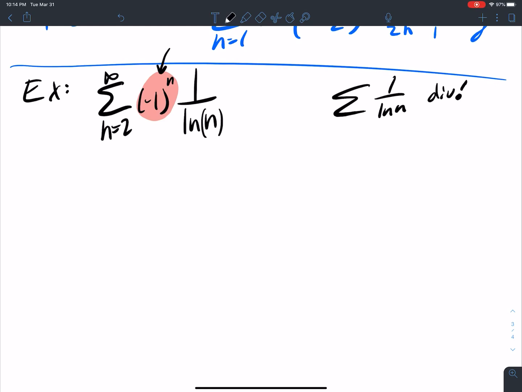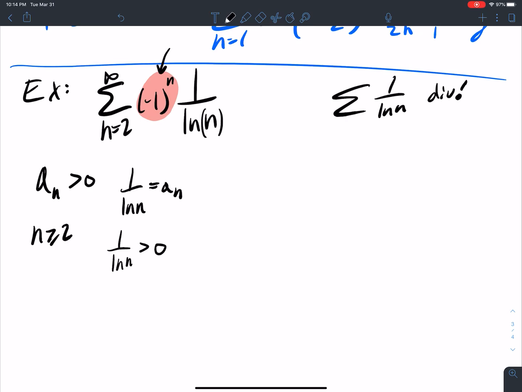So for sure, let's make sure an is greater than 0. Now, if an is 1 over ln n, that's an, okay? And I know n is greater than or equal to 2, that's what we're told here. So what does that mean? I want to show that ln n is greater than 0.